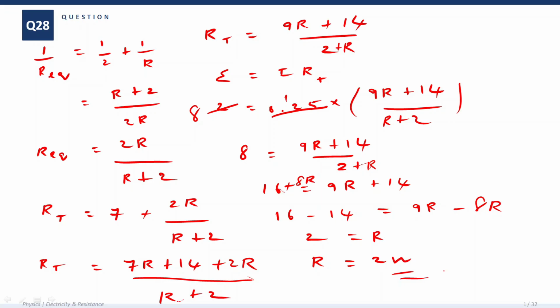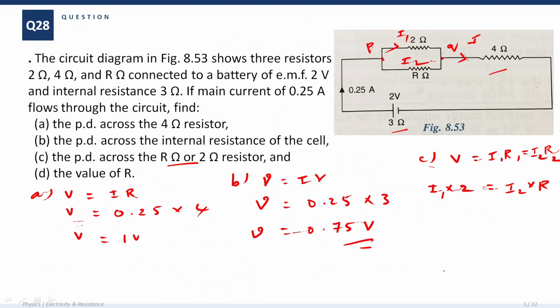Then the current can be divided equally. So this unknown resistance connected in parallel is equal to 2 ohms. Depending upon the resistance, the current passes through it. But both are the same resistance, then the current is equally divided here.